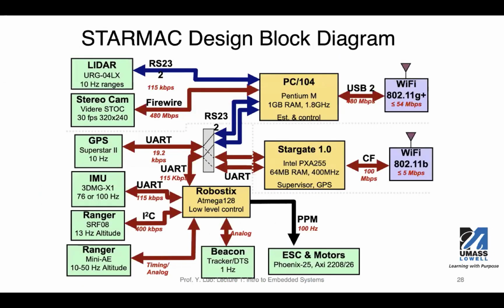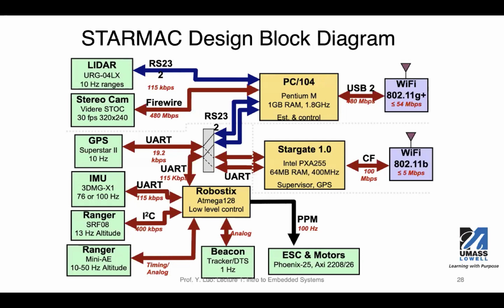Okay, so this is the diagram I was talking about. This shows the internals of the Quadrotor StarMac. We don't have to go into great detail, but you can see there are different colored boxes. There are 3 colors. The green boxes are all sensors.